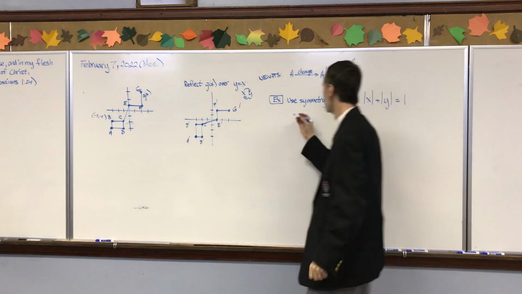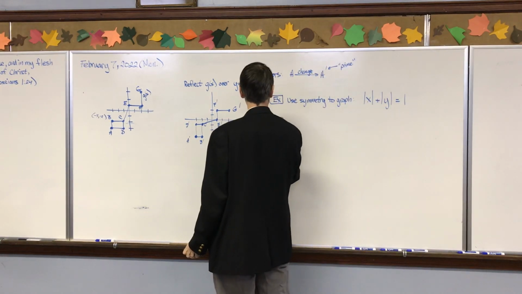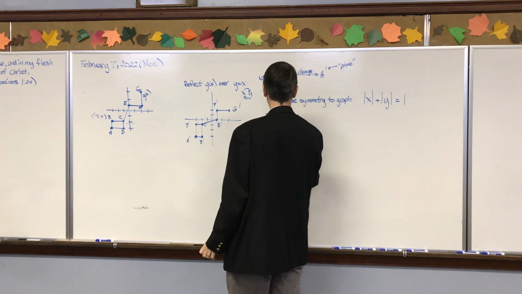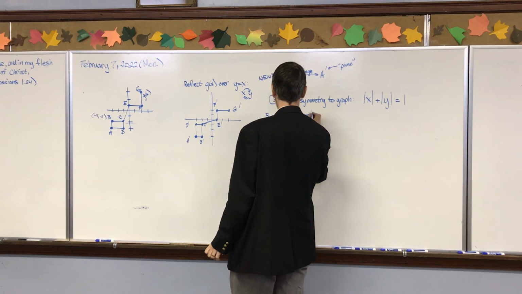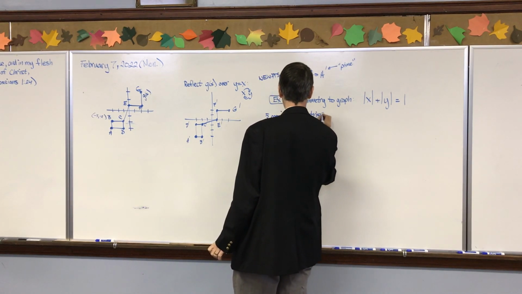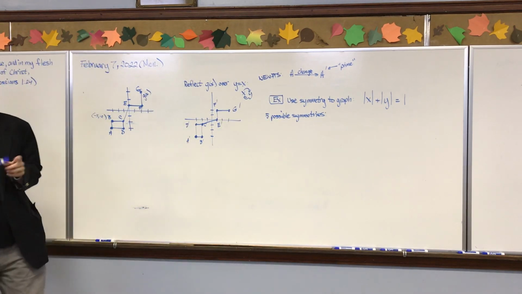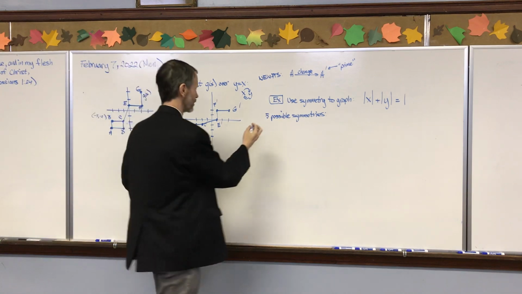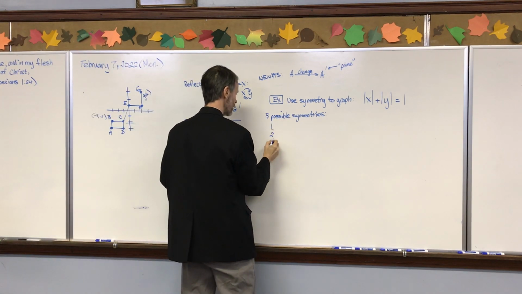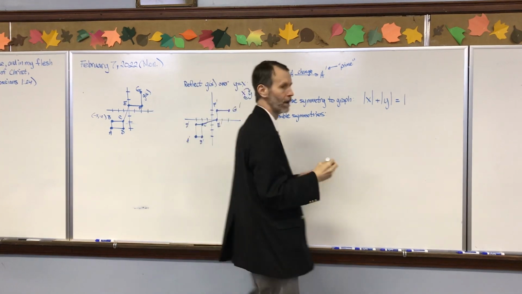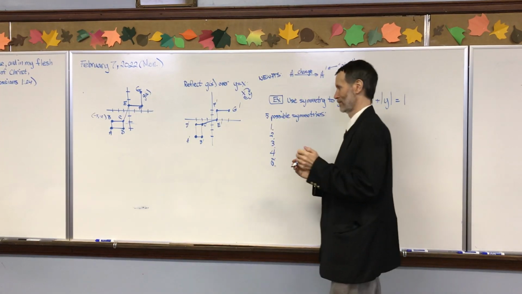Well, there are 5 possible symmetries. Name them. Nick, give me one. Like the possible y is equal to x. That's one of them.